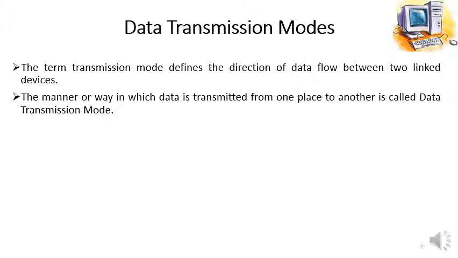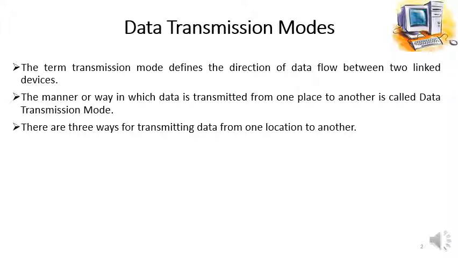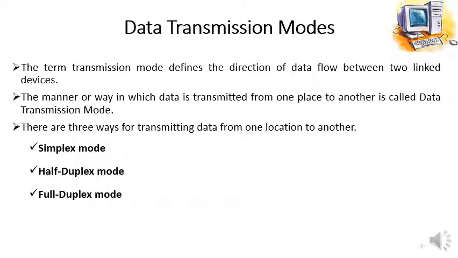The manner or way in which data is transmitted from one place to another is called data transmission mode. There are three ways for transmitting data from one location to another: simplex mode, half duplex mode and full duplex mode. So in the upcoming slides we will study these three modes of transmission one by one, and we will see the difference between them.